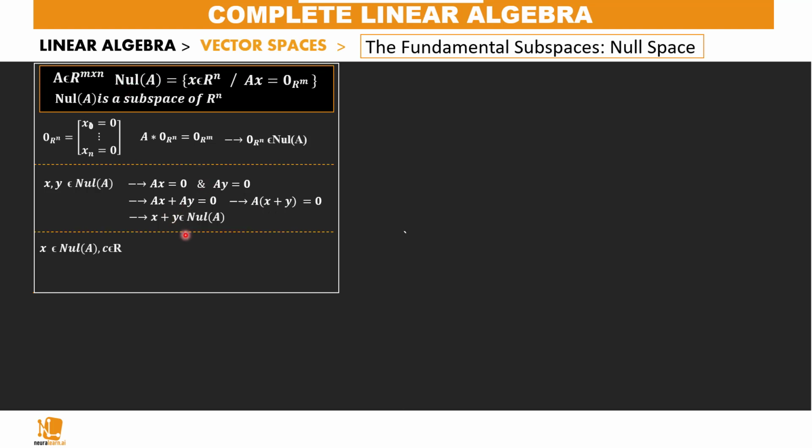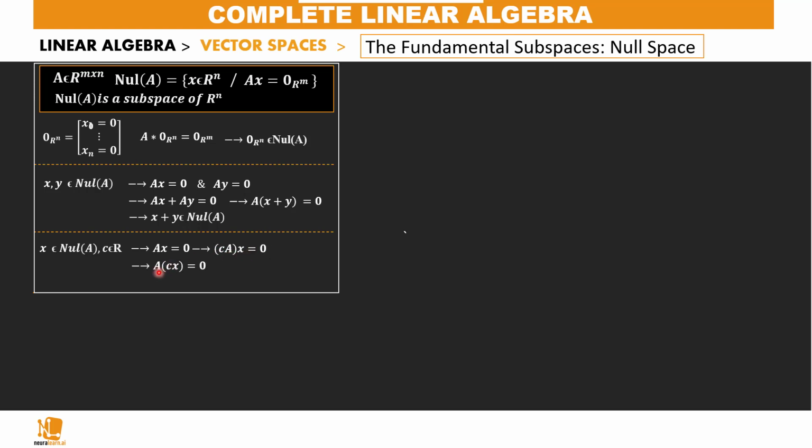For the third condition, we have x an element of the null space of A and c a constant. If x is an element of the null space of A, then Ax equals 0. But c is a constant, so it implies c times A times x equals 0. Obviously, c wouldn't change much.